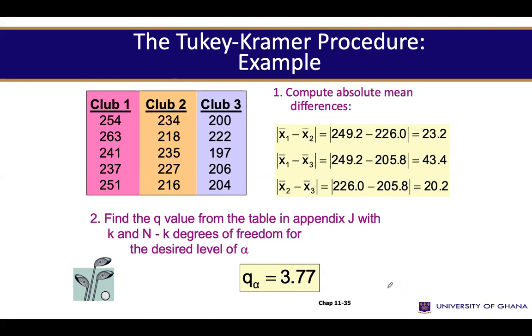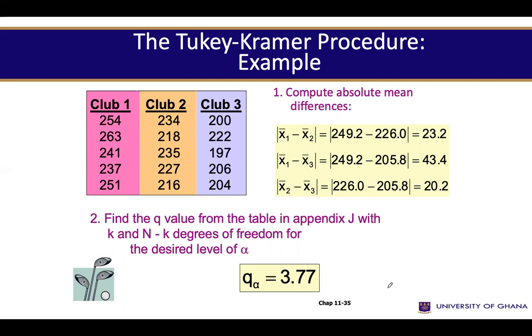So imagine there were 4 groups. Then I would have compared club 1 and club 2, club 1 and club 3, club 1 and club 4, club 2 and club 3, club 2 and club 4, club 3 and club 4. Right, so the more the groups, the higher the number of pairwise comparisons you would have to do.